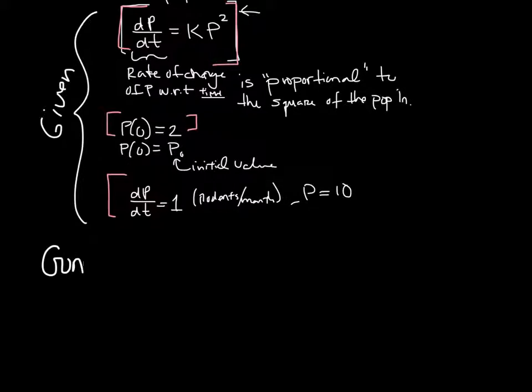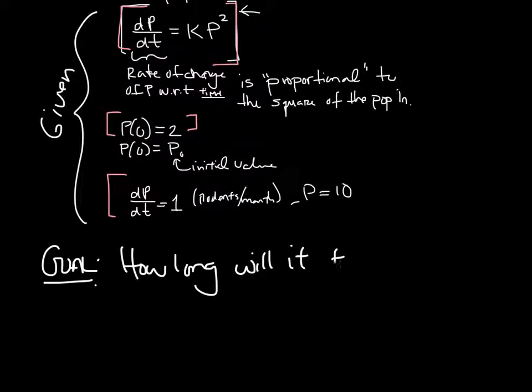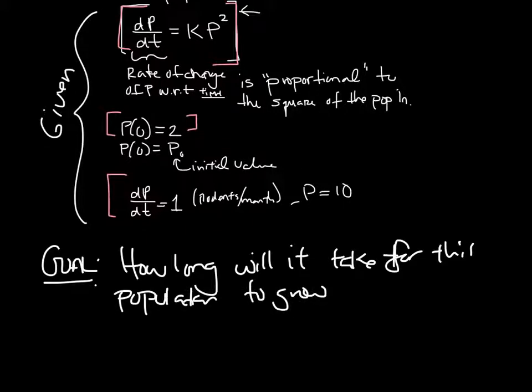Well, the goal is, how long will it take for this population to grow to 100, and then, of course, 1,000, is it 100? Yes, 100 and 1,000 rodents. This is a word problem, so I want to see words, especially if you're explaining something. I could just do the math, but this is a word problem, so we have to interpret this.